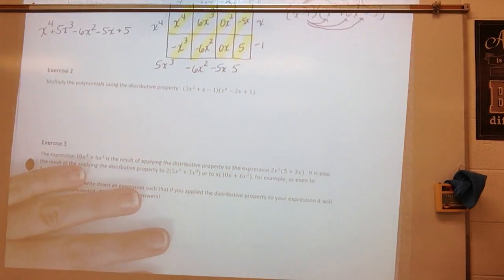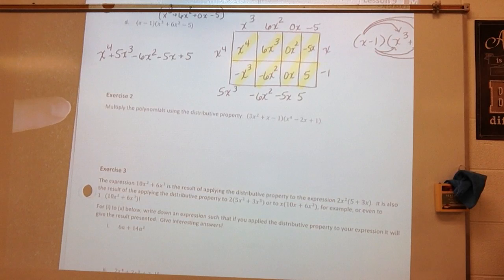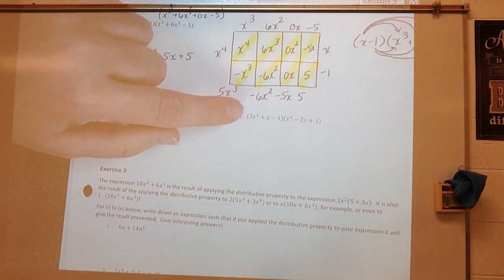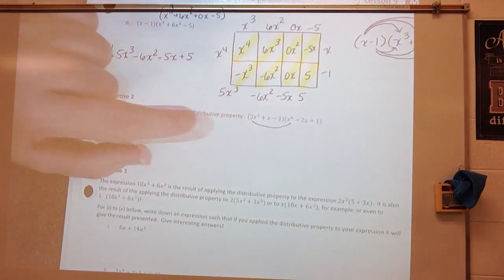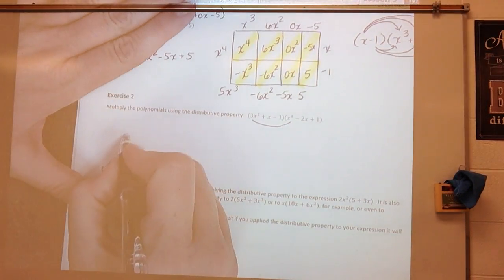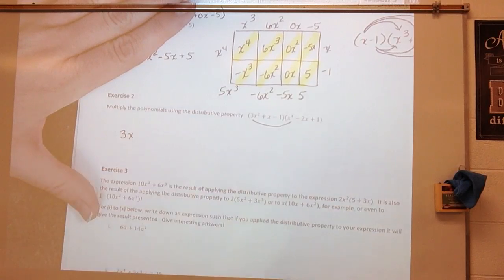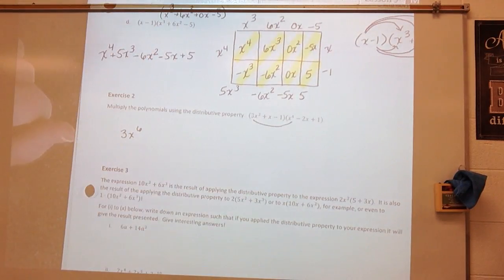Let's look at exercise number 2, because exercise number 2 wants us to multiply the polynomials using the distributive property. All right, so we're going to multiply 3x squared times x to the 4th, which gives me 3x to the 6th.